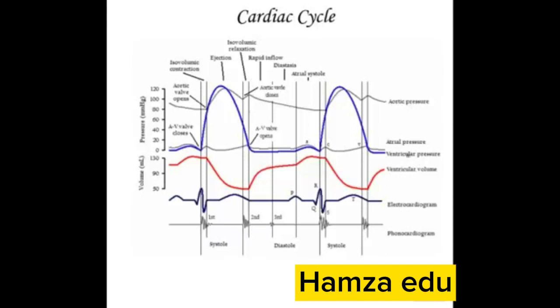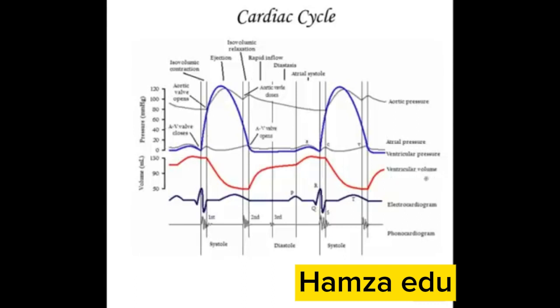So when you get the ventricle, boom, contracting, doing systole, that's when you get this blue whoop, a big rise. And that corresponds to ejection, letting go of blood out of the ventricles. And of course, that's going to increase the amount of pressure in the aorta, because where's this blood going when the ventricle contracts? It's going in the aorta, sending the blood to the rest of the body.